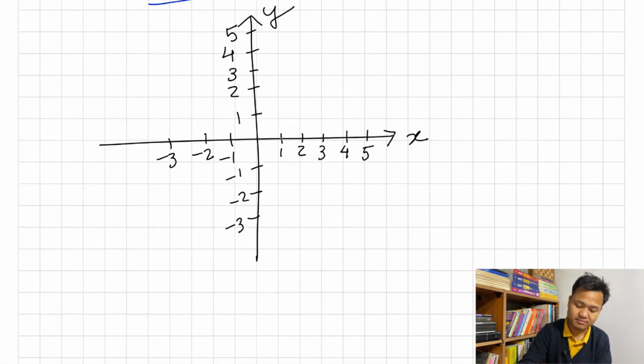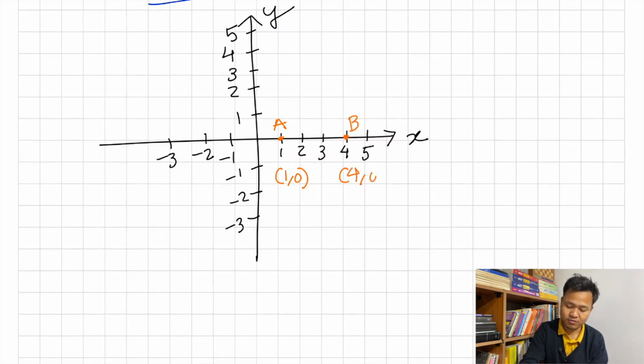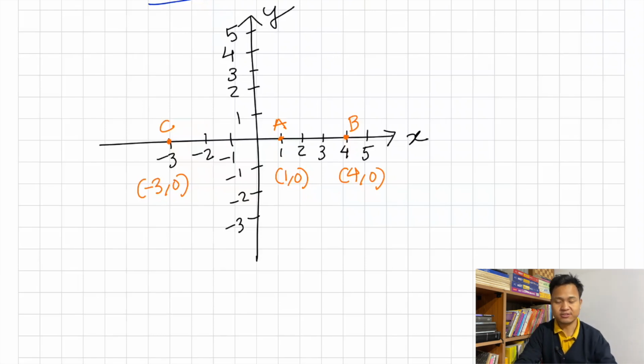On the x-axis, point A has coordinate 1, 0. Point B is 4, 0. Point C is minus 3, 0. Can you observe any similarity in these 3 points? You will find that the y value is 0. Any point you take on the x-axis, the y value will always be 0.